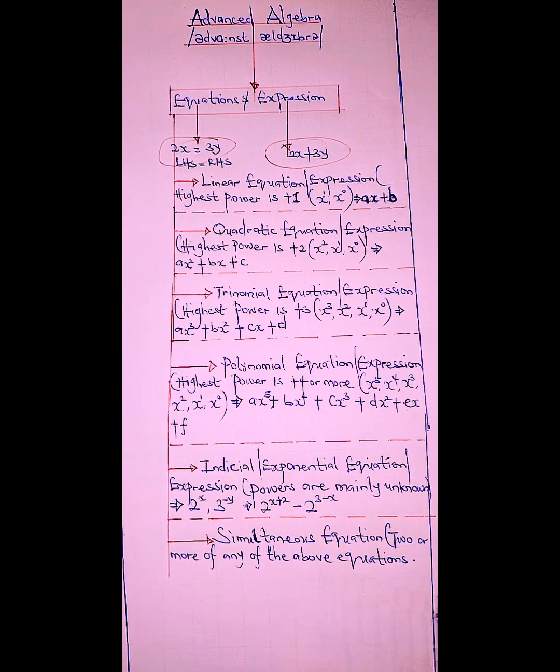So when we talk about a simultaneous equation, we're talking about any of the above listed equations being solved together at the same time. So it could be 2 linear equations, 3 linear equations. It could be 1 linear, 1 quadratic. It could be whatever. But what we know is we are solving 2 or more equations at the same time, and that's what we call a simultaneous equation.